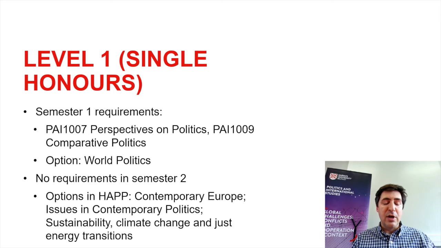Another option within the school is Sustainability, Climate Change, and Just Energy Transitions, which, as the title implies, deals with climate politics and talks about a number of the challenges facing governments around the world. You can also opt to take an optional module outside of the school, but the two requirements that you've got to take are both in semester 1.